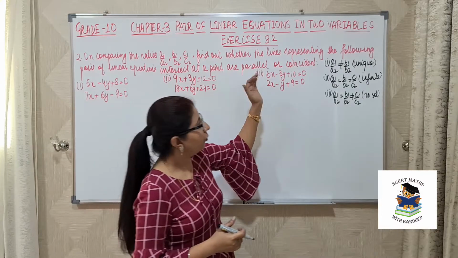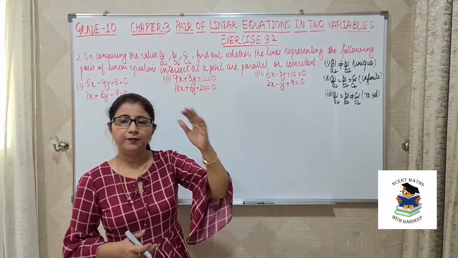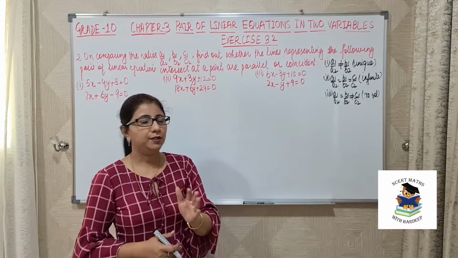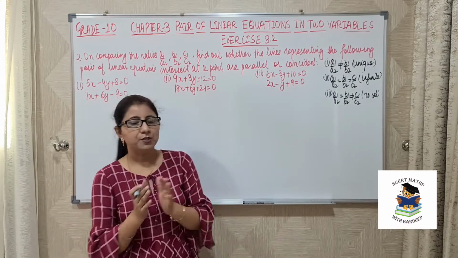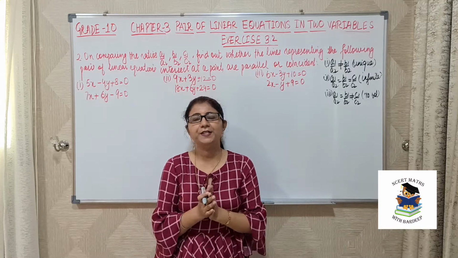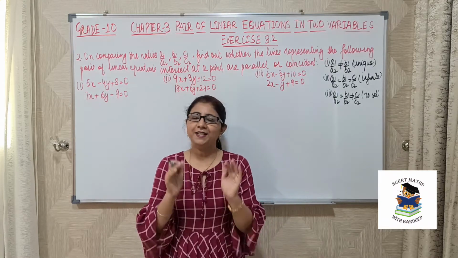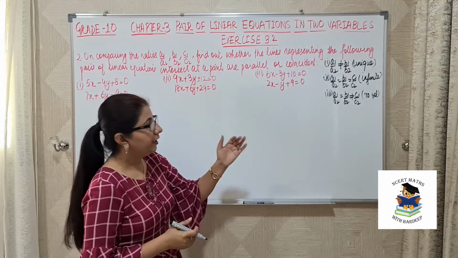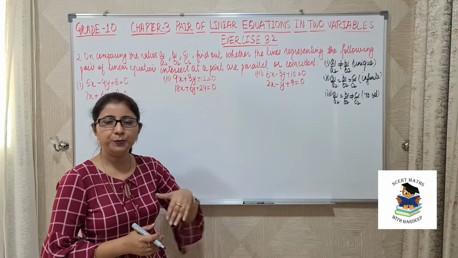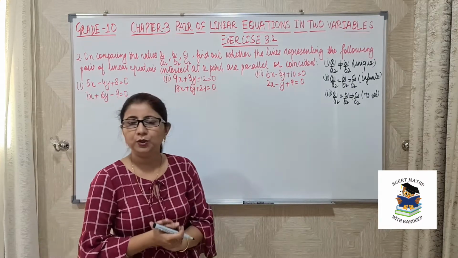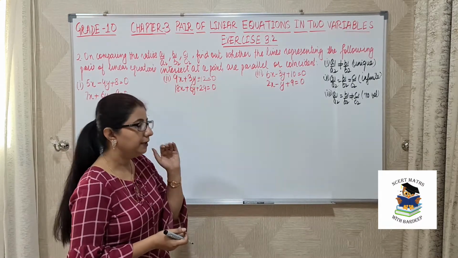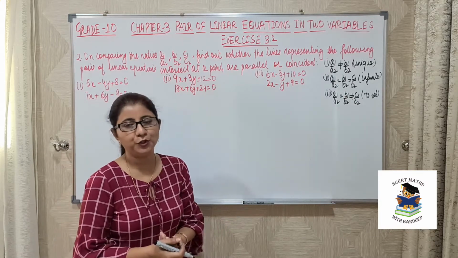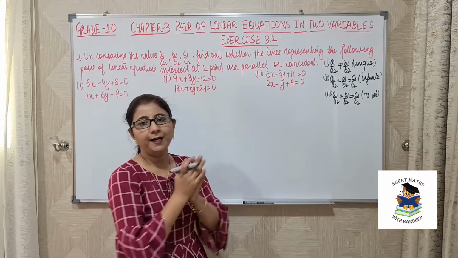Second, if all the ratios are equal, a1 by a2 is equal to b1 by b2 is equal to c1 by c2, then that pair of equations will have infinite solutions, and infinite solutions means they are coincident lines. And the third possibility is a1 by a2 is equal to b1 by b2 but not equal to c1 by c2, then that pair of linear equations will have no solution. No solution means they are parallel lines.